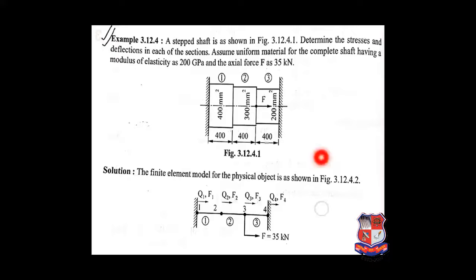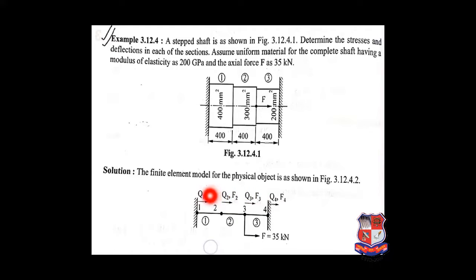You can observe here we are providing q1 f1, q2 f2, q3 f3 and q4 f4. Here q4 and q1 are 0 due to the fixed supports, and f is 35 kilonewton at node number 3. So this is node number 1, 2, 3 and 4.